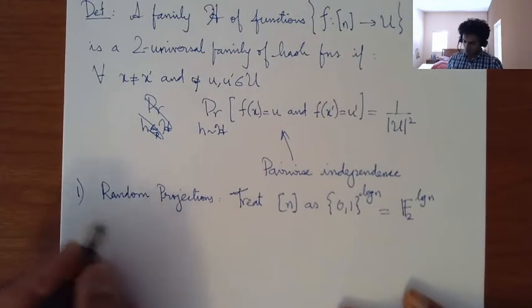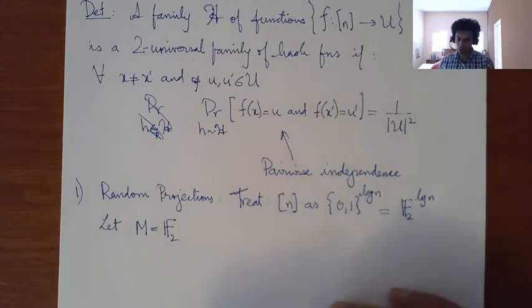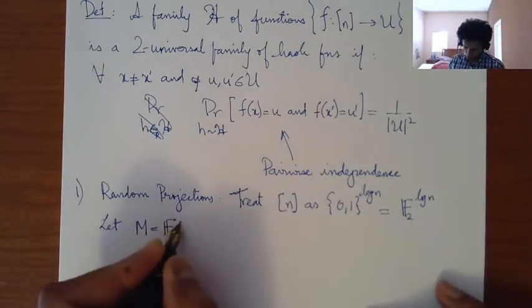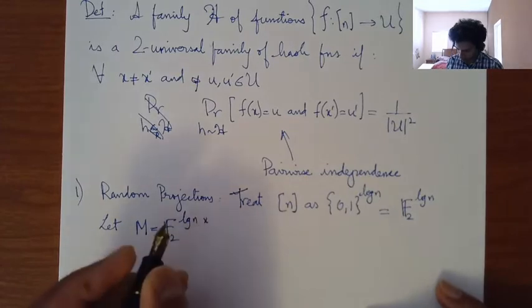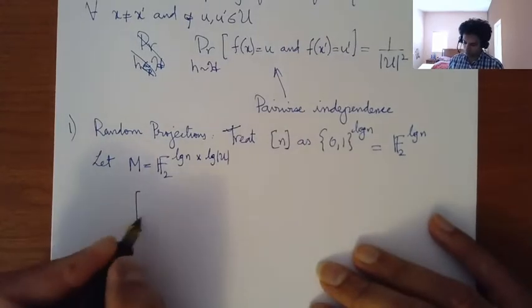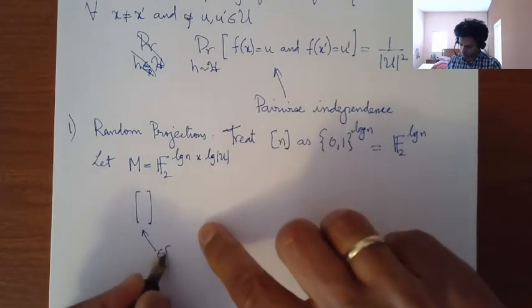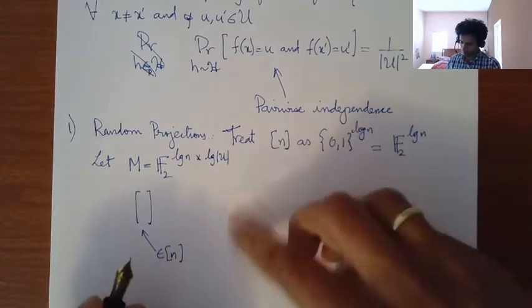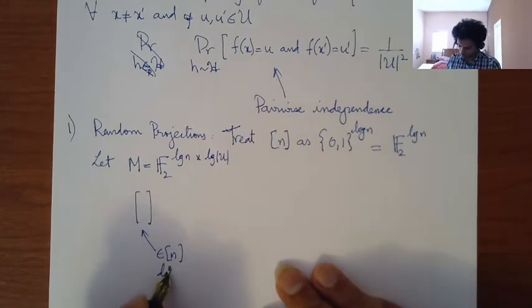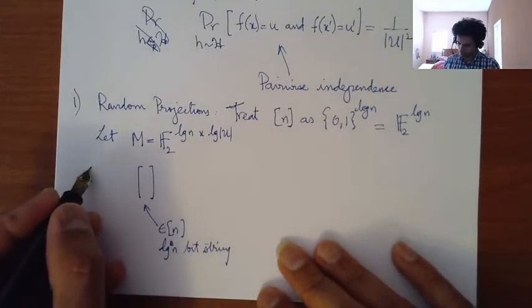Now suppose M is a matrix of dimension log u cross log n. Every domain element, something in n, is essentially a log n bit string, and we'll multiply it with this matrix.